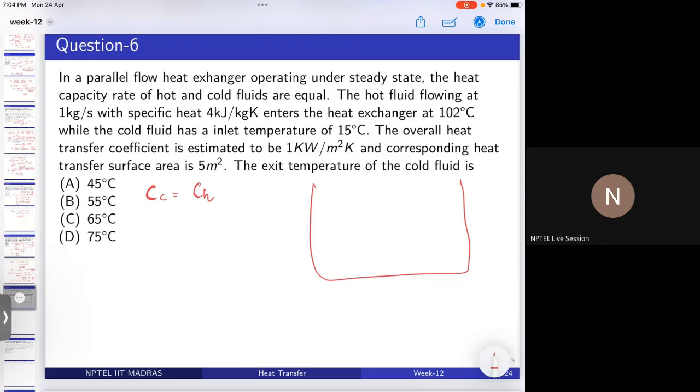The hot fluid flowing at 1 kilogram per second with a specific heat enters the heat exchanger at 102 degrees Celsius, while the cold fluid has an inlet temperature of 15 degrees Celsius.